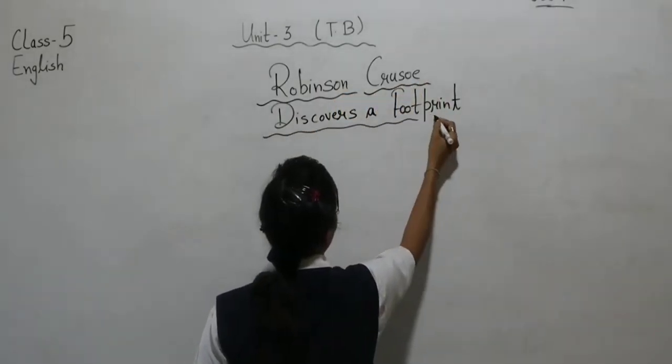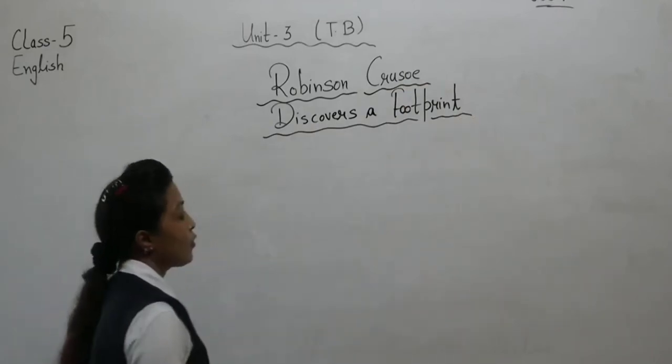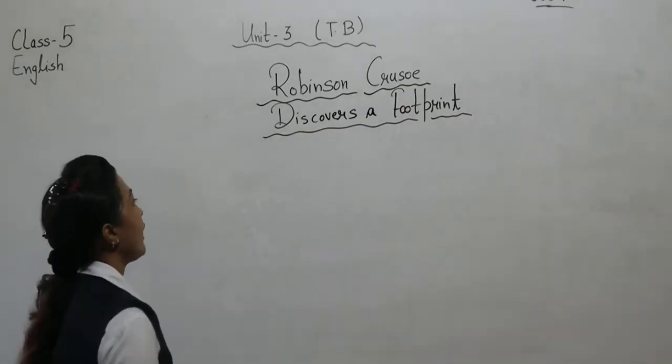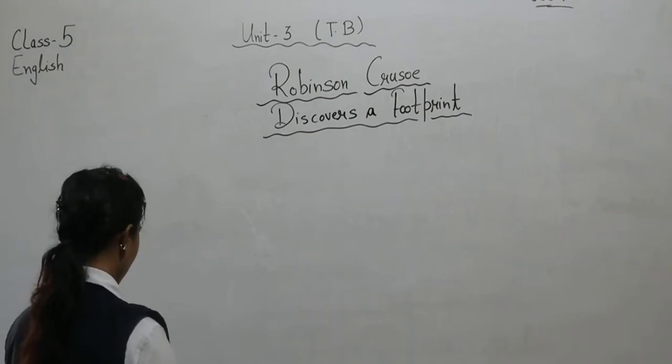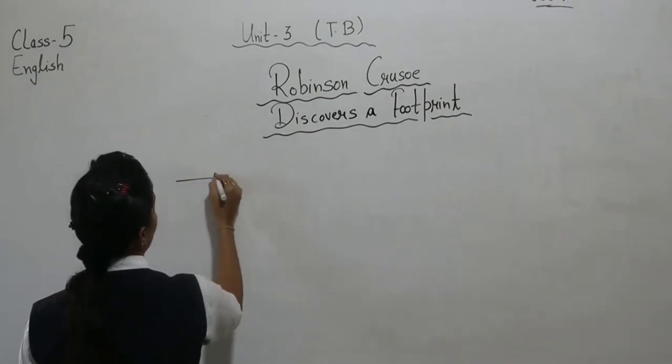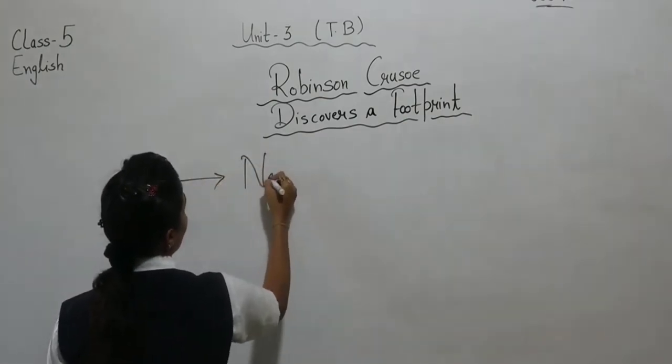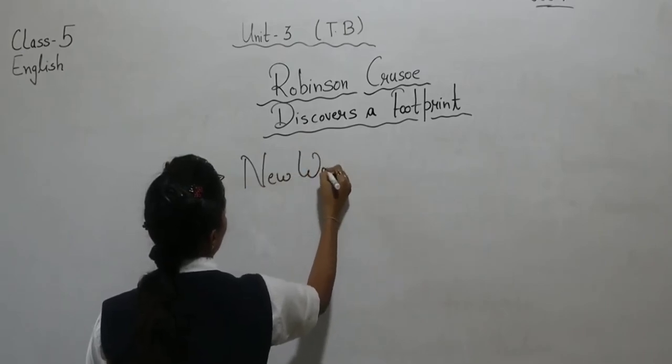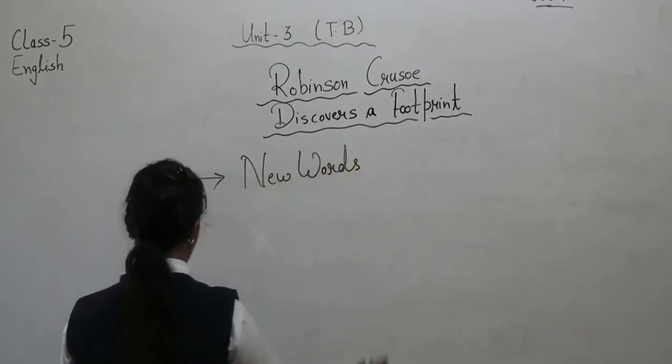Now the textbook portion of Robinson Crusoe Discovers a Footprint. So first of all, write down new words.